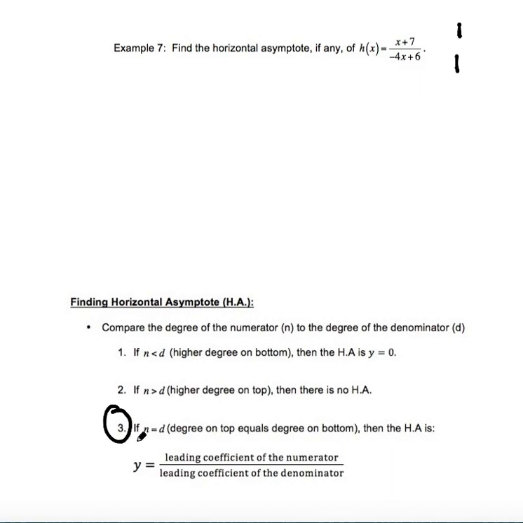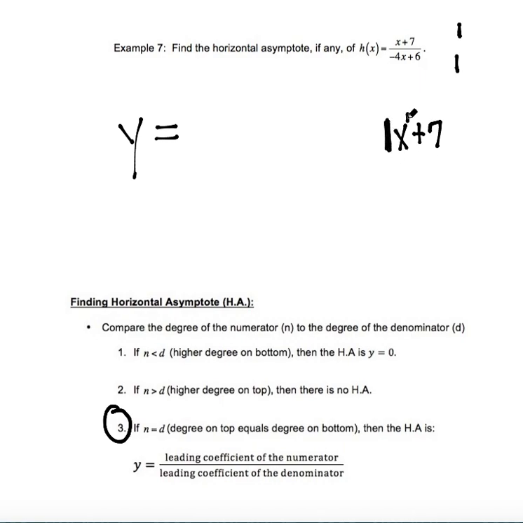Rule 3 says if the degree on the top is equal to the degree on the bottom, then the horizontal asymptote is y is equal to the leading coefficient of the numerator over the leading coefficient of the denominator. The leading coefficient is the number in front of the highest powered term. So in the top, I have x plus 7. The leading coefficient is the 1 right in front of that x.